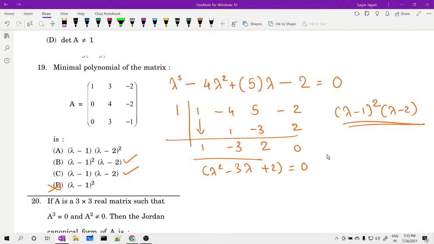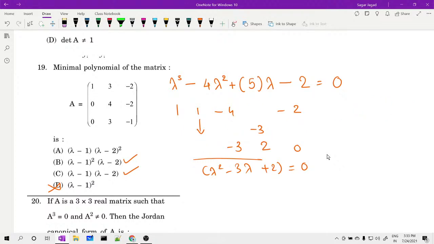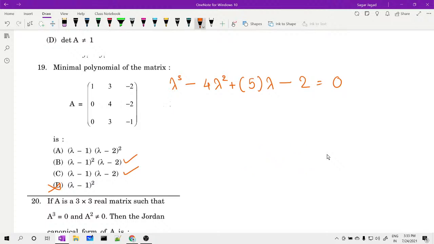Okay, now let's check it out. So we just need to check option C, nothing else. Wow, this became simple, right? Just now we found A minus I, and now I will need A minus 2I also. So what is A minus I?